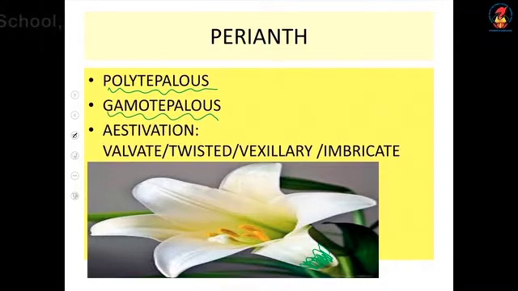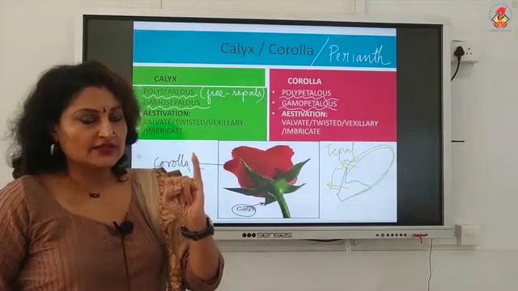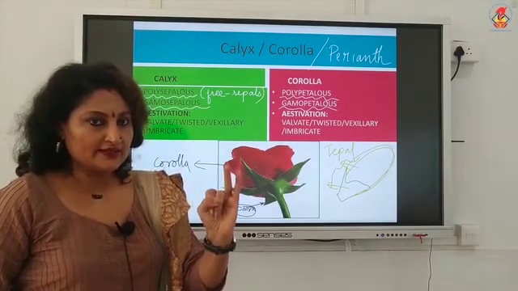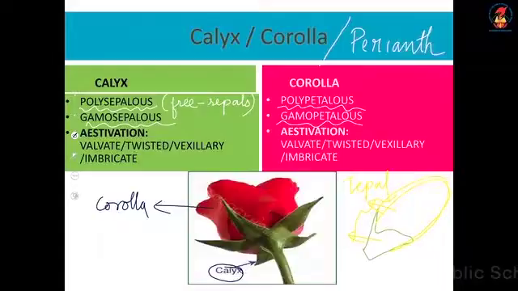Now, for all three, there is a last lead. So the first lead is whether it is gamo or poly, and the second lead is the aestivation. What is aestivation? For that, I will go to a new slide.